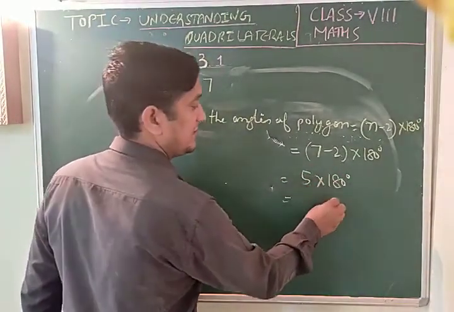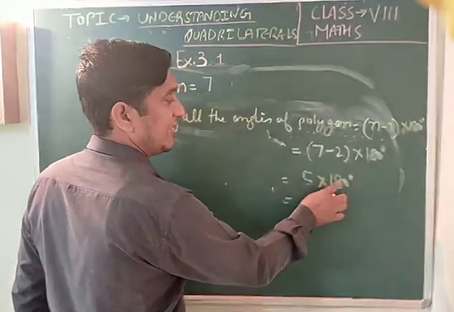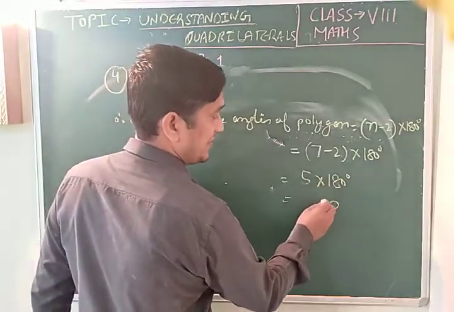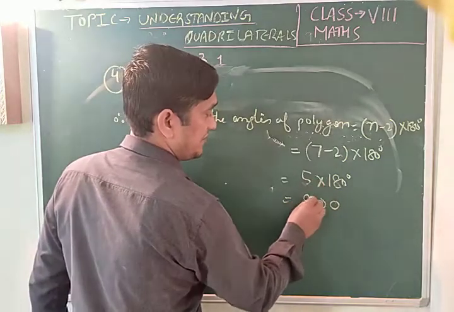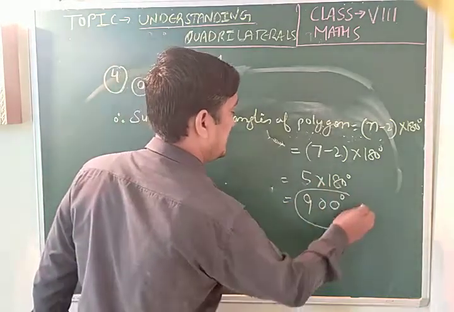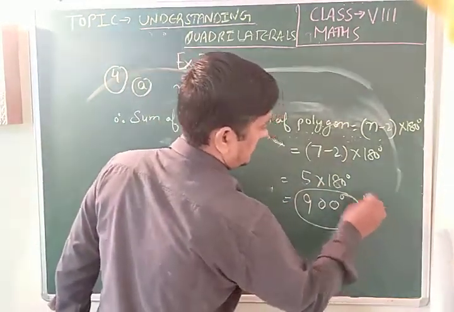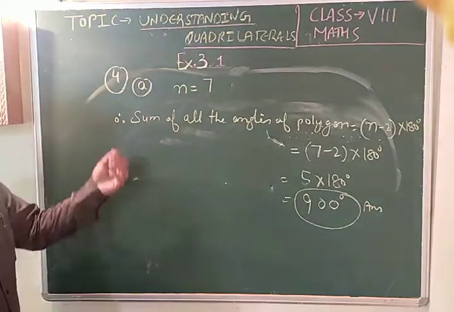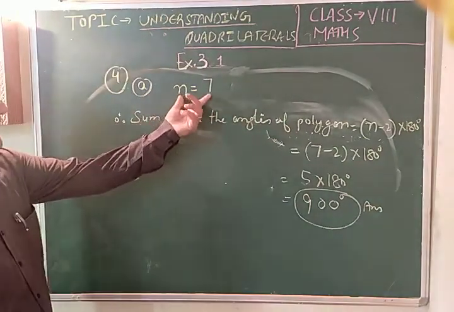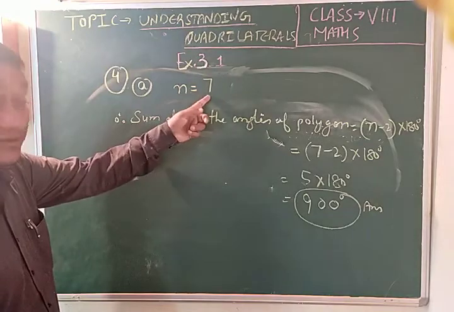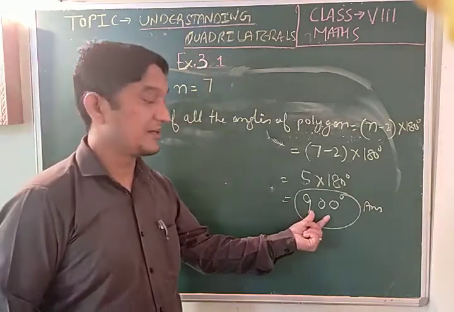Now multiply this: 5 zeros are 0, 5 eights are 40, 5 ones are 5, 4 9, 900 degrees. If a polygon has 7 sides, the sum is 900.